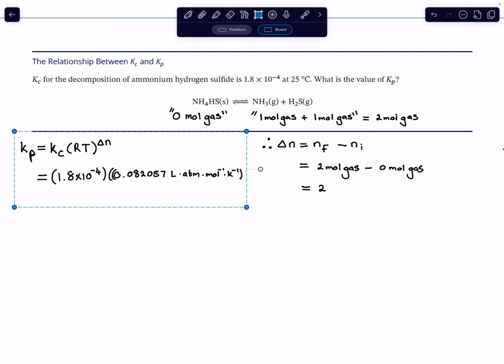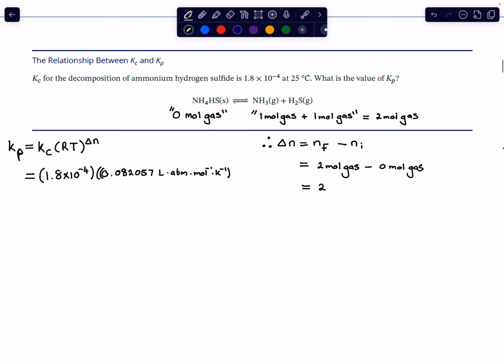Let's put that in its own brackets, and then we need to multiply this by the temperature. The temperature is 25 degrees Celsius, which we need to convert to Kelvin, so that's 298.15 Kelvin. All of that needs to be to the power delta n, so that is squared.